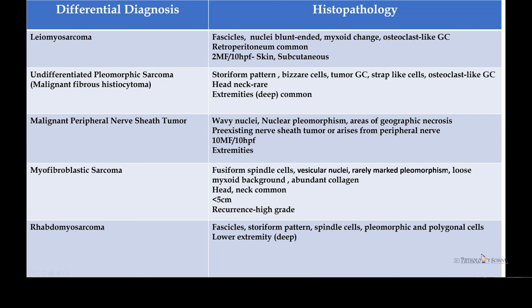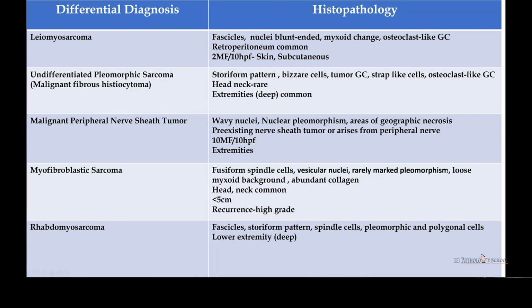Looking at the microscopy, we did not identify any large cells which remind us of a rhabdomyoblast. And also, there were no areas showing wavy nuclei with any peripheral nerve close to the tumor. So we ruled out the diagnosis of an MPNST and a rhabdomyosarcoma on H&E.